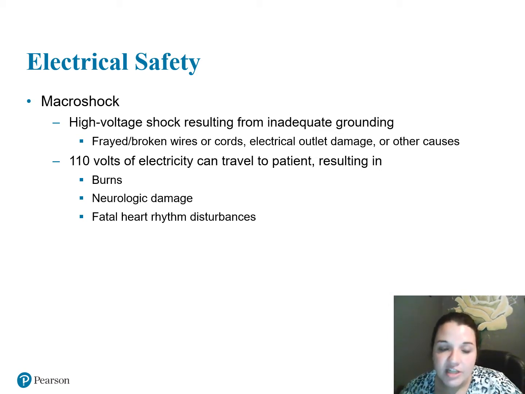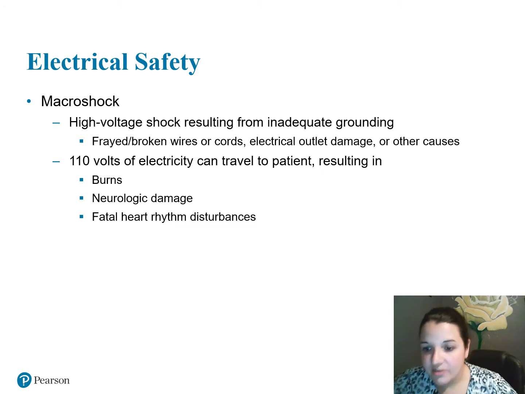So macro shock is a high voltage shock resulting from inadequate grounding. So remember when we talked about your positive poles and your negative poles and how your right leg is your ground pole. If we don't have that ground pole, that electricity is just going to keep on running through your body.